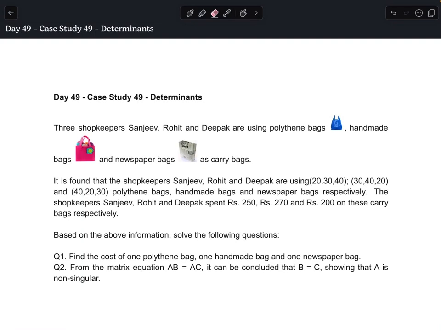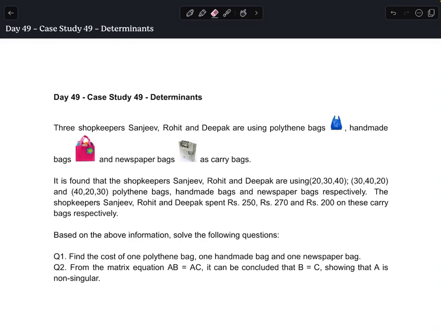The question goes like this. Three shopkeepers, Sanjeev, Rohit and Deepak, are using polythene bags, handmade bags and newspaper bags as carry bags. It is found that Sanjeev, Rohit and Deepak are using 20, 30, 40; 30, 40, 20; and 40, 20, 30 polythene bags, handmade bags and newspaper bags, respectively.